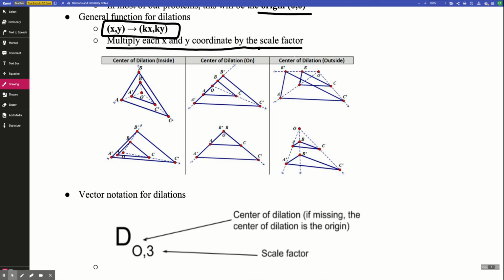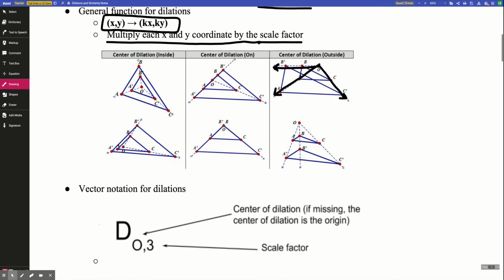But if the center of dilation is outside of the shape, which you'll also see, it will grow from that point out in the same direction that the directed line segment shows you there.